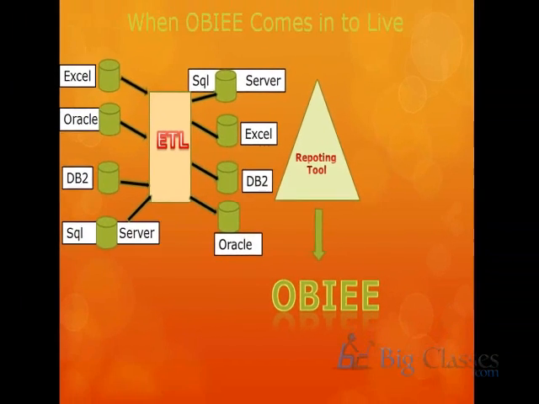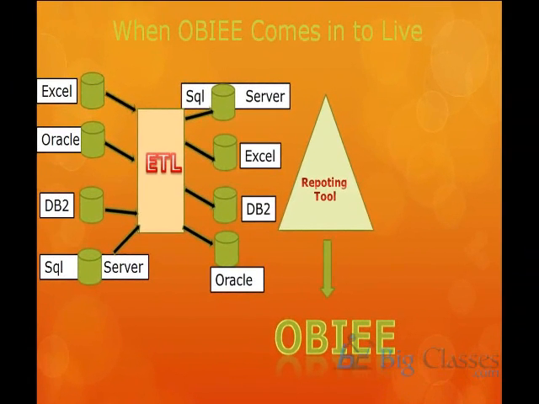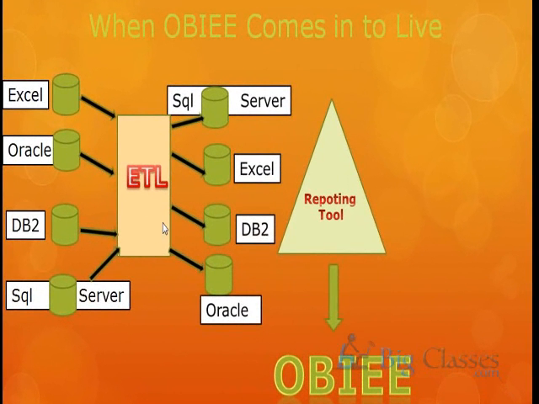Are you all able to view where OBIEE comes into play? Now you can understand in a better way what we have discussed. See, this ETL process will extract the data from multiple databases, cleanse the data, and load the data into whatever database the end user wants, to maintain the data in one place, so that each and every department will have one user.